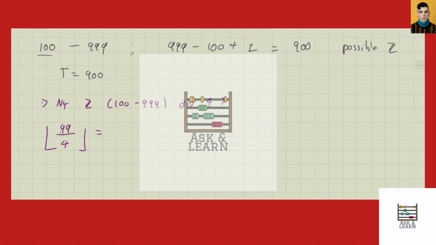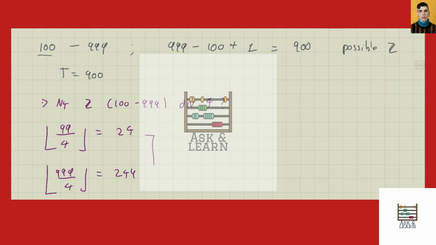So you pick 99 divided by 4, and this is going to give you 24 here. And the upper bound will be 999 divided by 4. The floor function of this is equal to 249.